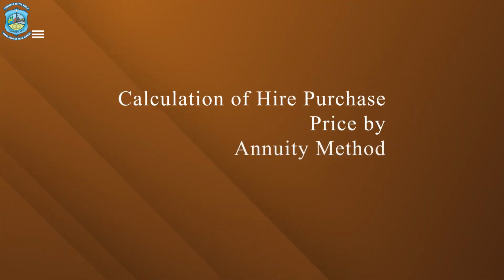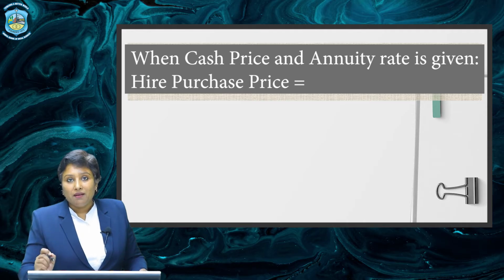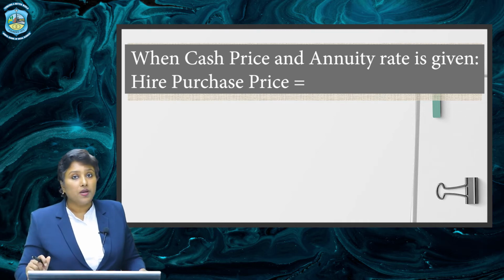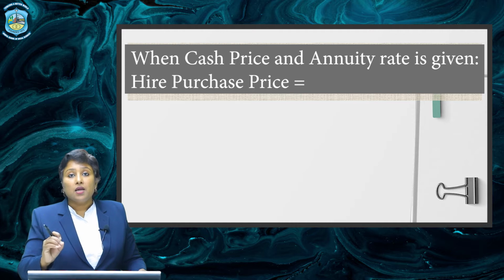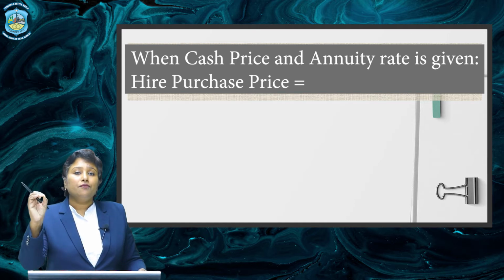The same formula, a little manipulated, can give you the hire purchase price as well. Okay, so what I mean is to calculate hire purchase price by using the annuity value. So when the cash price is given to us and the annuity rate also has been mentioned to us, we simply change the formula.